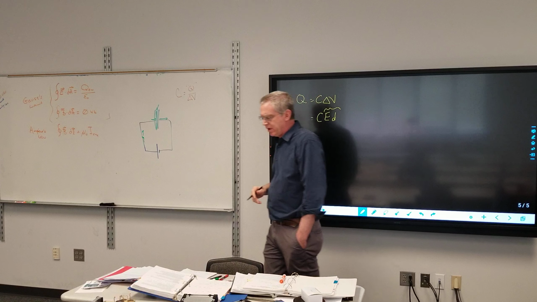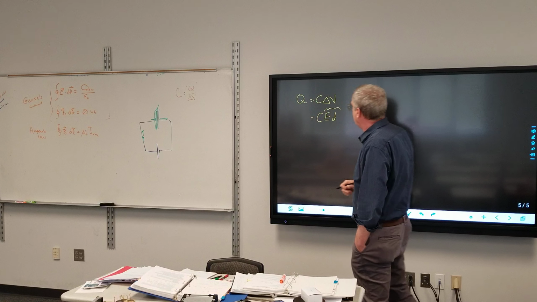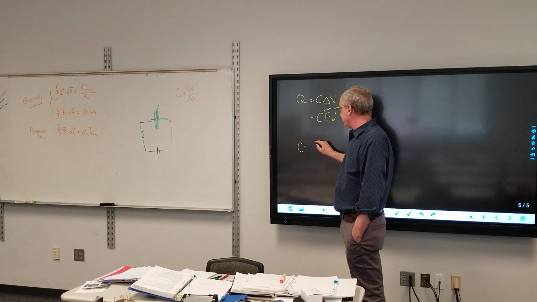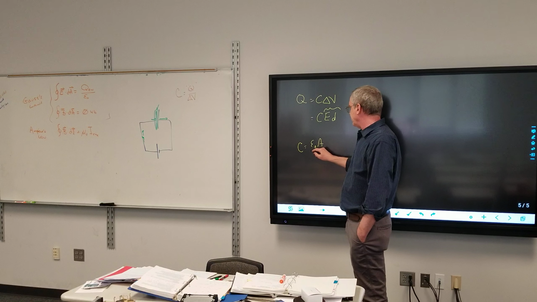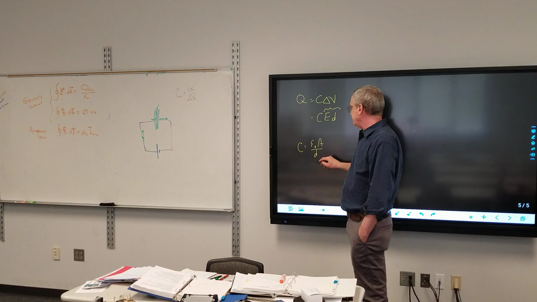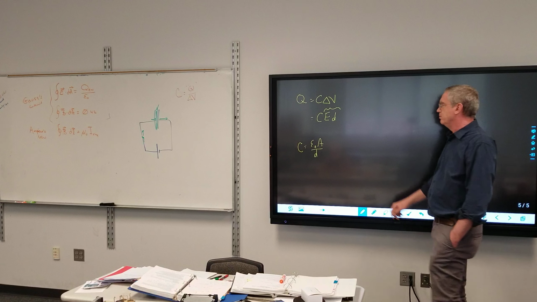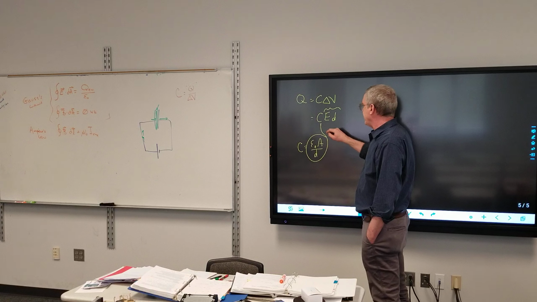Obviously, a little bit of hand waving involved. I can also find the capacitance for a parallel plate capacitor as epsilon naught A over D. So I can plug that in for my capacitance here.